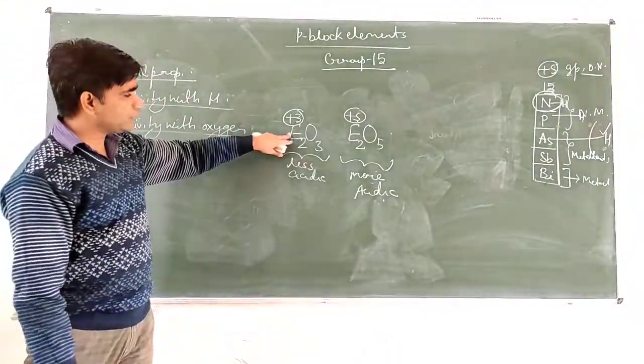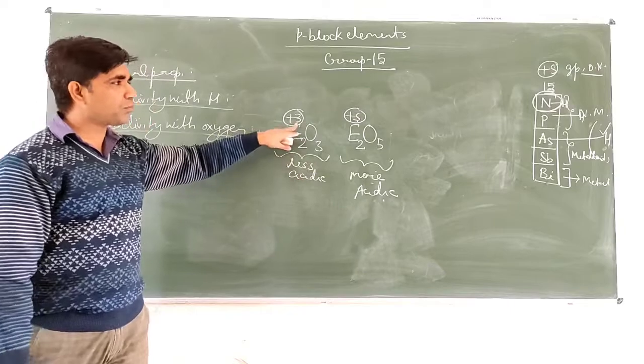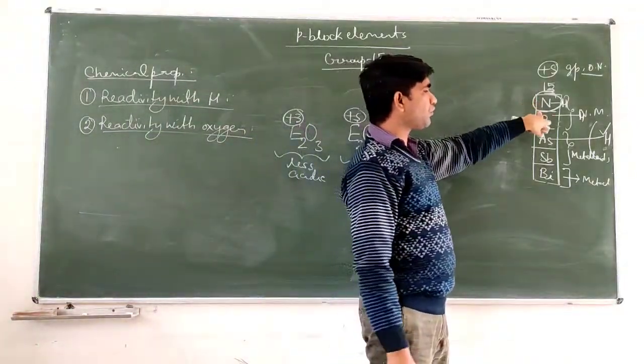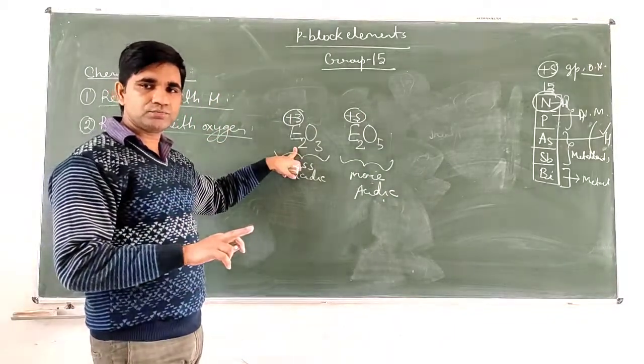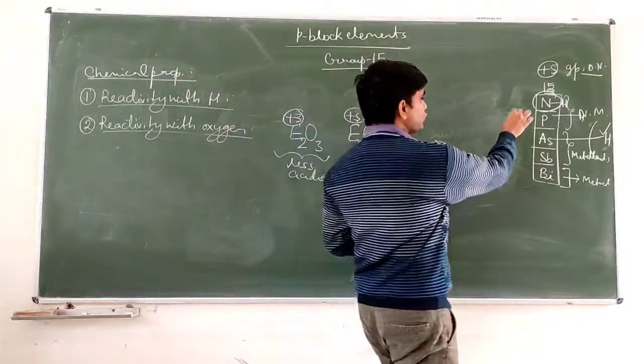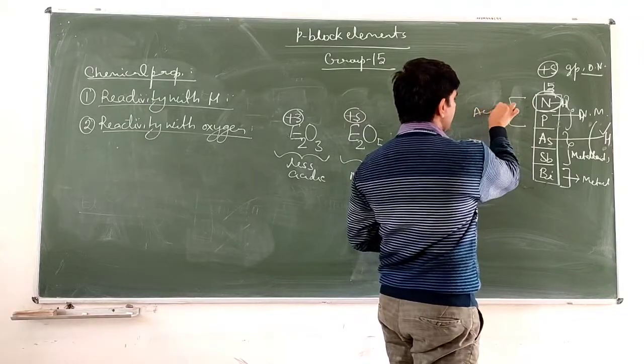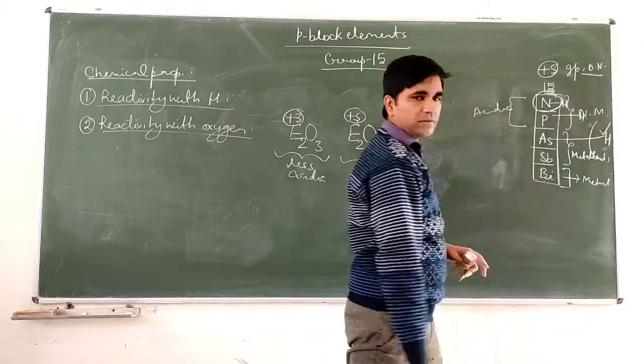So whenever the element is nitrogen or phosphorus, its oxides are acidic because these are non-metals.